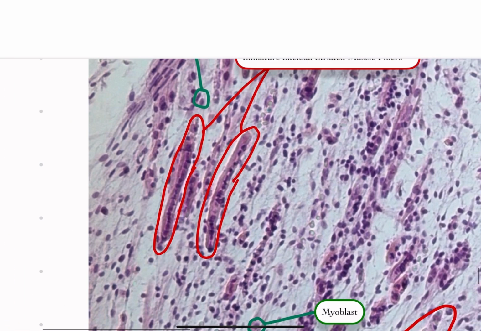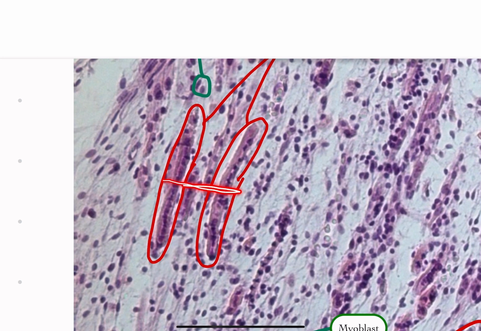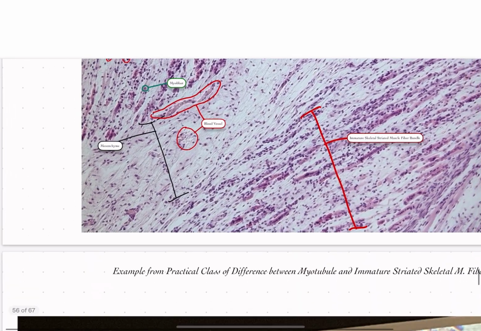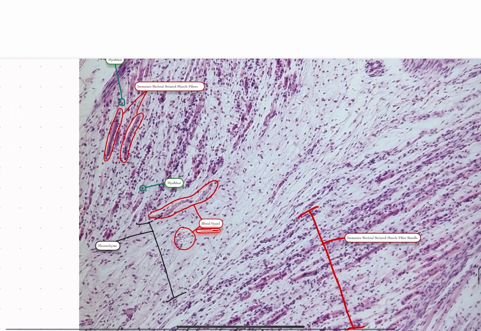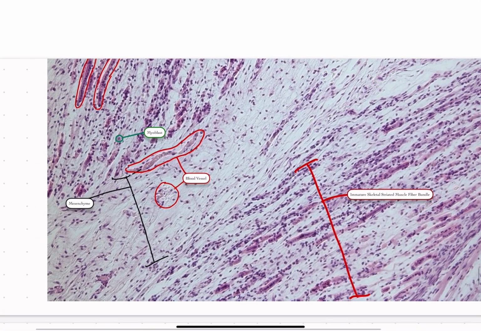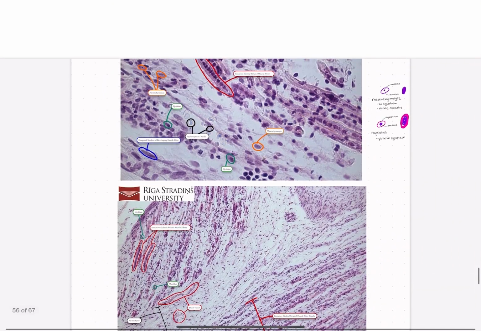Like I said, if they asked you about this section, you will have to write bundle after the fiber. But if they only ask you about this section, then it would be enough to just write the fiber without the S. Okay, sometimes you can also see blood vessels. That might be like a little sneaky structure that might be included in your colloquiums.